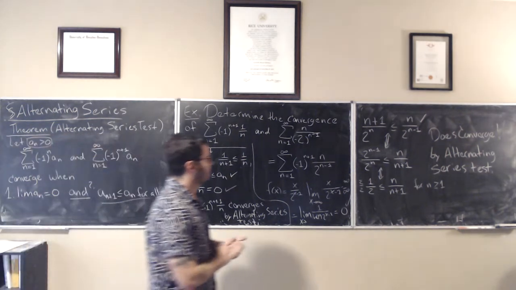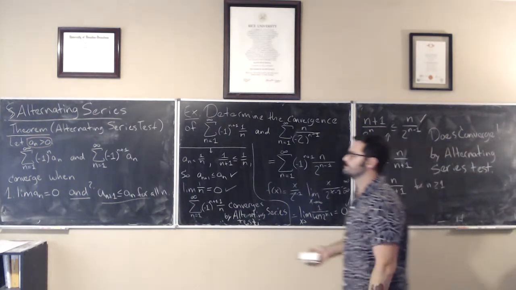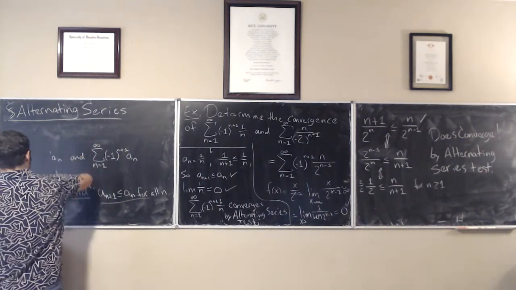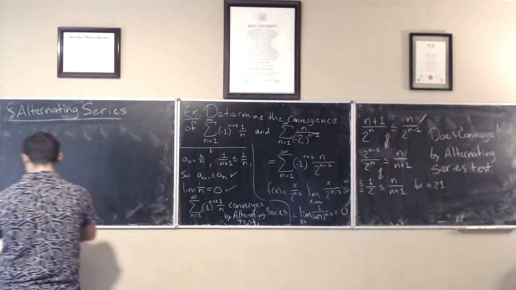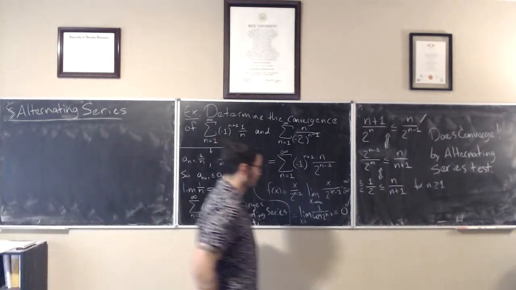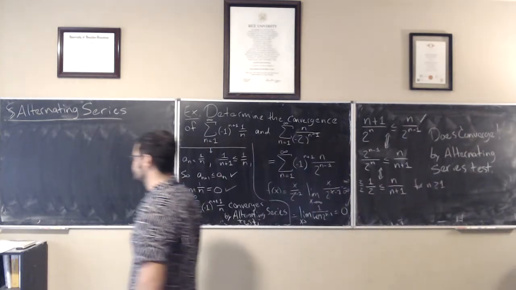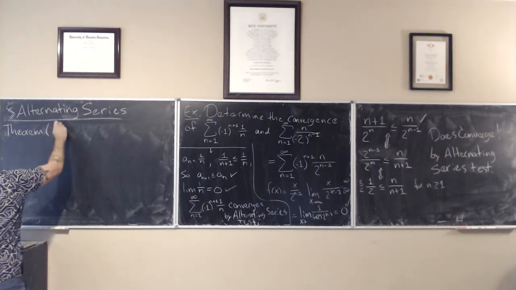Okay, so that's just an example of how to use the alternating series test. And all right, let me look at maybe another theorem. Okay, so absolute convergence.